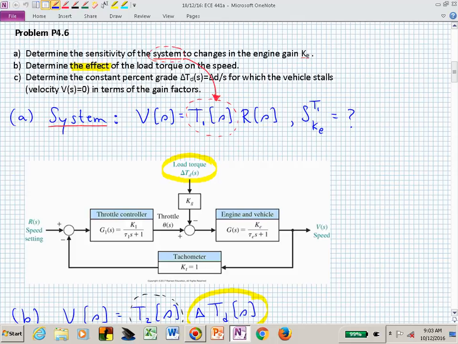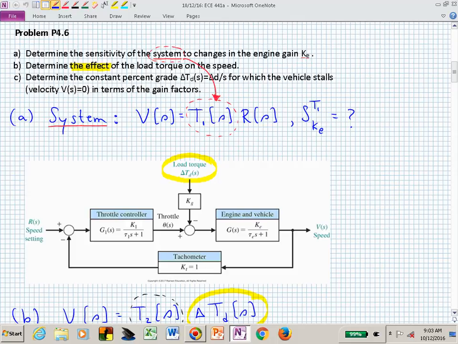And you're now trying to find the sensitivity of that transfer function with respect to one parameter, and that parameter is K sub E, which is in the numerator of your engine and vehicle dynamic equation. So find the transfer function, T sub 1, and then find S of that transfer function with respect to K sub E.